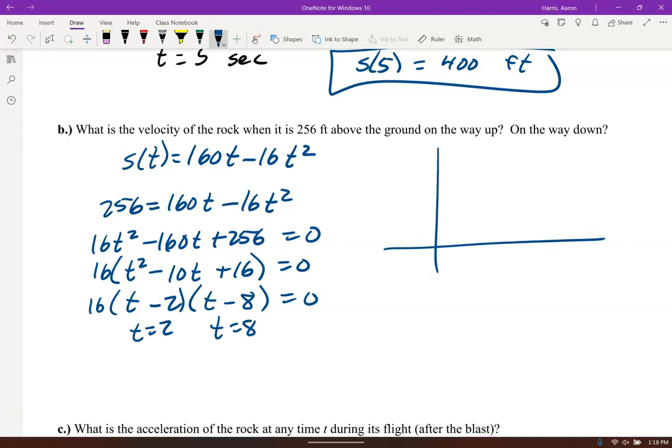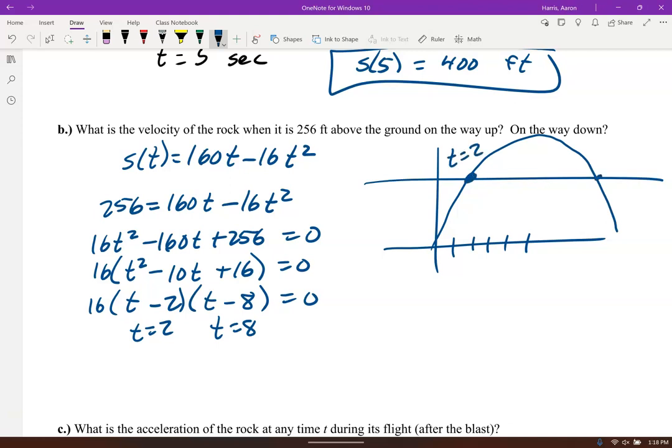So back to our picture, it hits this at 2 seconds, and over here at 8 seconds it also happens to hit 256 feet high. This is the position function that I'm graphing, right? Something like that, obviously not drawn to scale. Okay.